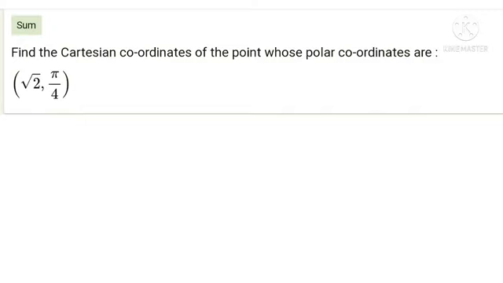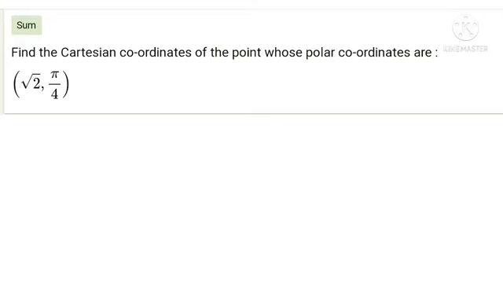The exercise 3.2 question number first. Find the Cartesian coordinates of the point whose polar coordinates are root 2 and pi by 4. See students, here you know the relation between Cartesian and polar coordinate. We have to find Cartesian coordinate, means we have to find the value of x and y.